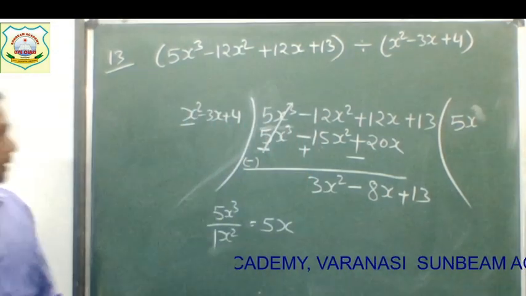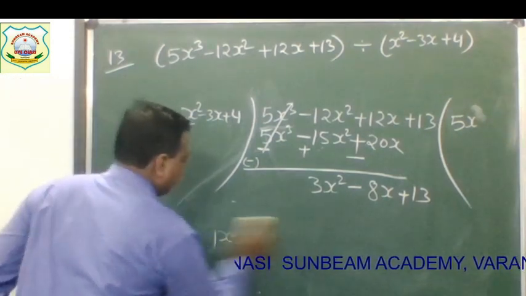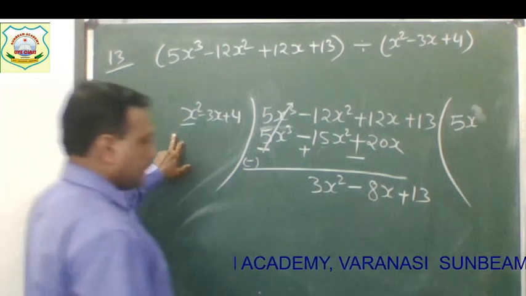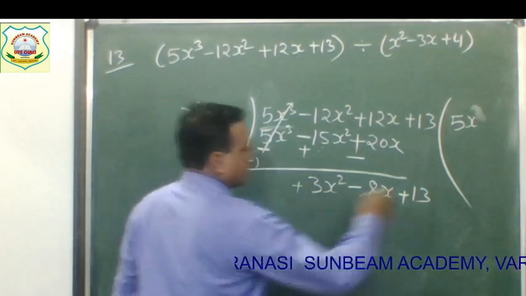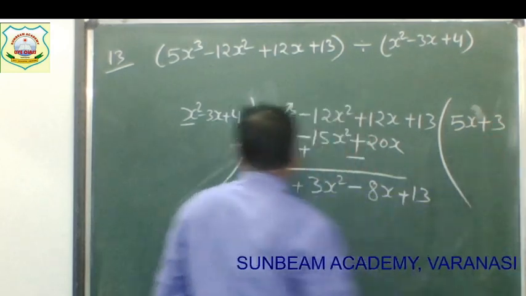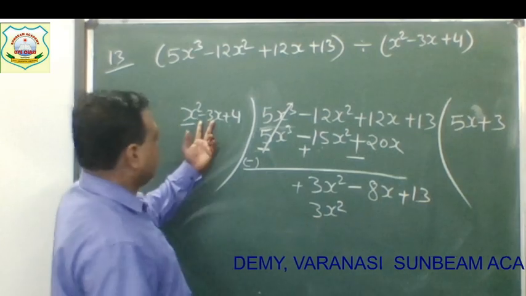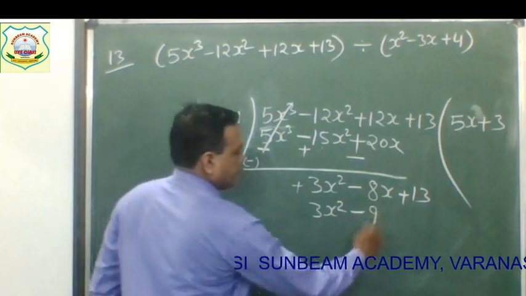Okay, now students, 3x square is here and here is x square. What should multiply? 3. 3 into x square, 3x square. So what we will take? 3. Here is the plus sign, so here we will take the plus 3. 3 into x square, 3x square. Sign will not change. Minus 3 3 is 9x.